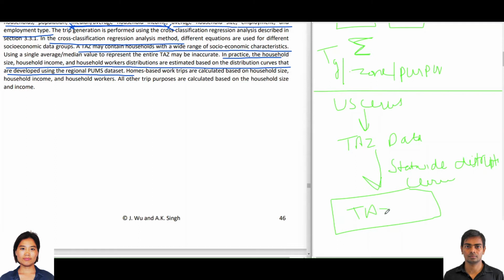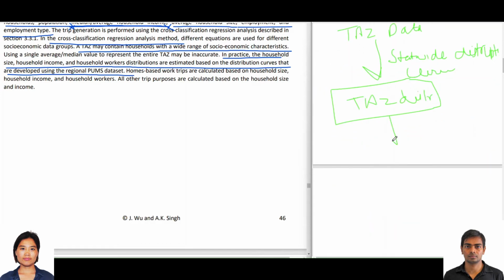Once we get the TAZ distribution, we feed it into cross classification regression equations. Those are a bunch of equations for different classes of TAZ attributes. Once we feed it in, it gives us the total number of trips for that particular zone.